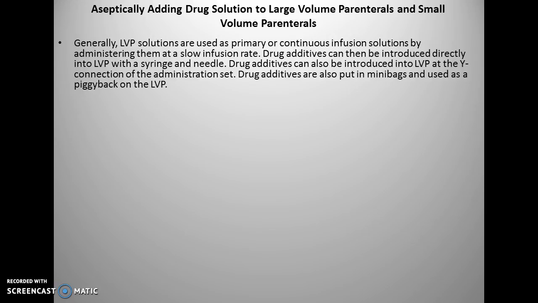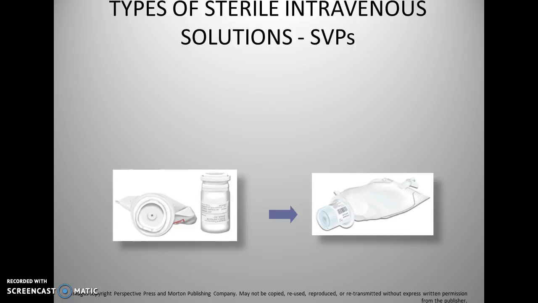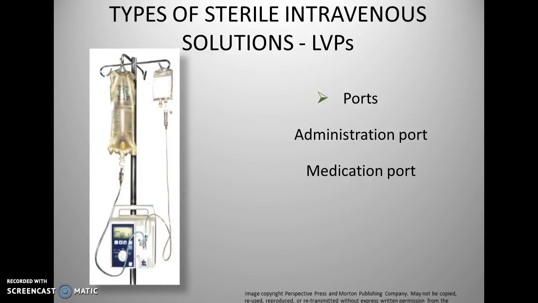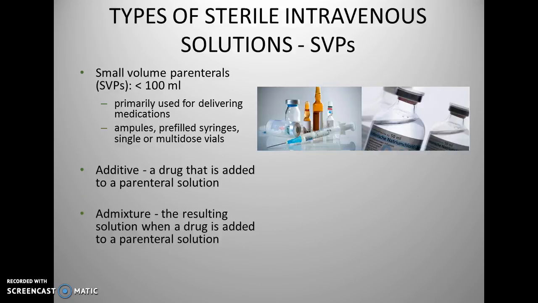Drug additives can also be introduced into the LVP at the Y connection of the administration set. Drug additives are also put in the mini bags, such as a piggyback on the LVP. And we looked at that over here, here's your mini bag, and we also looked at that right over here. Okay, these are areas in which drugs can be added.